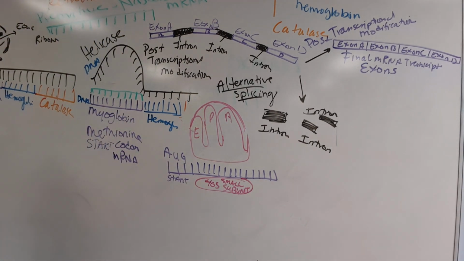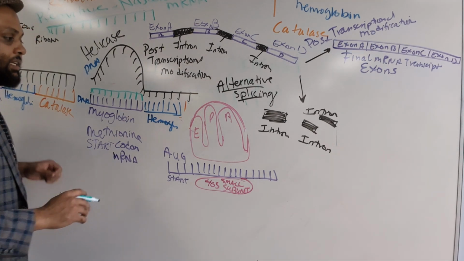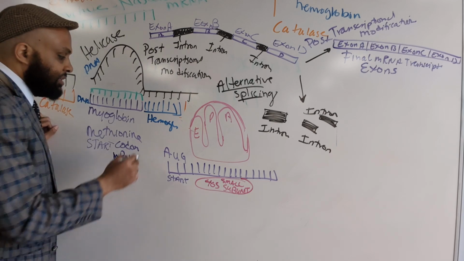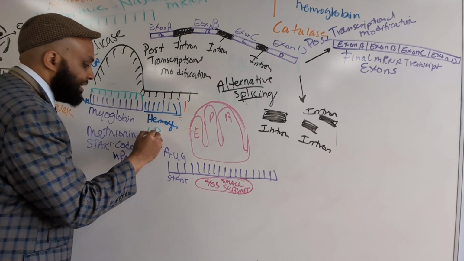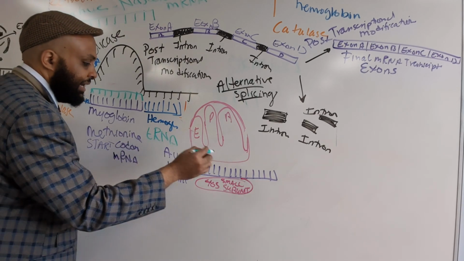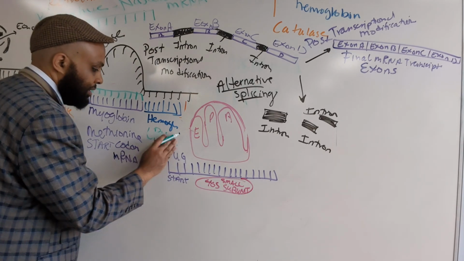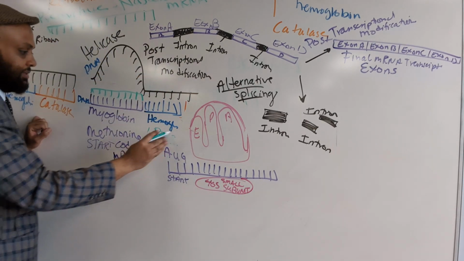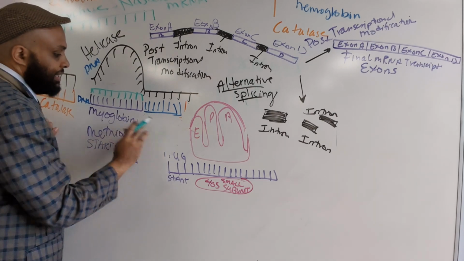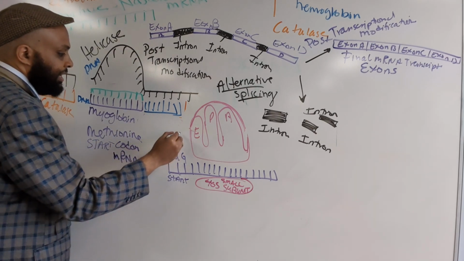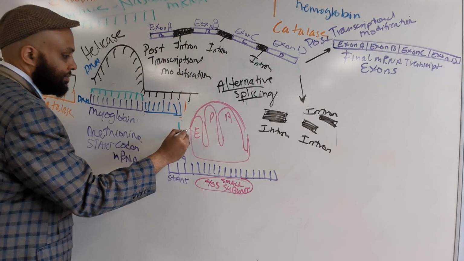So what happens is a 3-leaf clover like RNA known as the transfer RNA, tRNA, will come. It looks like this.